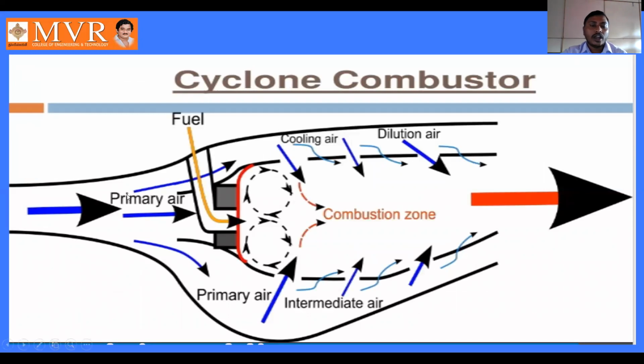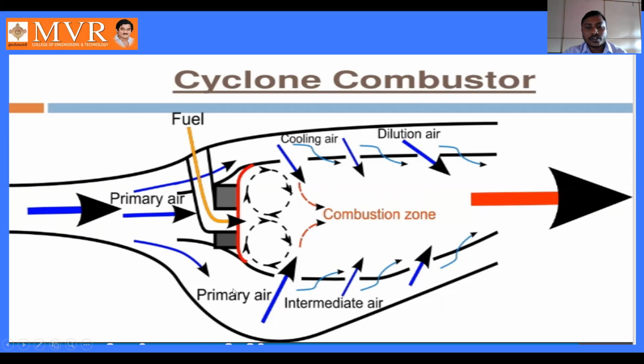I have told you that the primary air enters the combustion zone, and how the combustion air passes through the flue tubes. You can observe that the primary air enters in two ways.